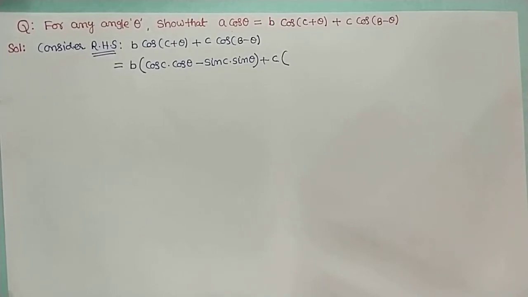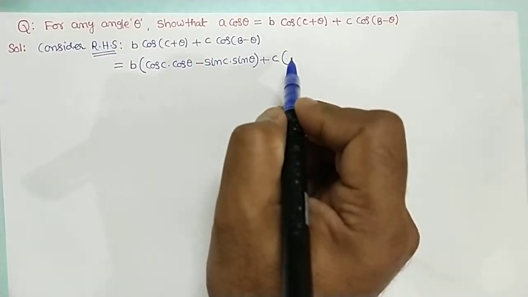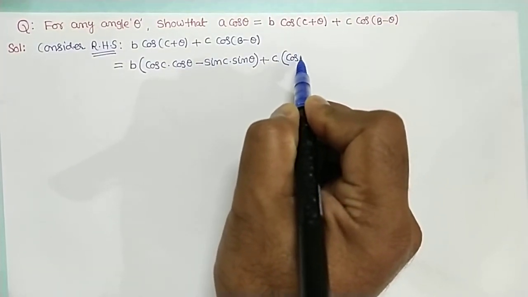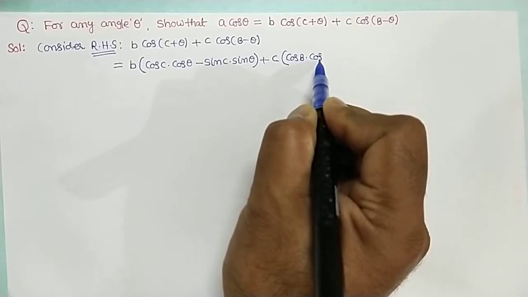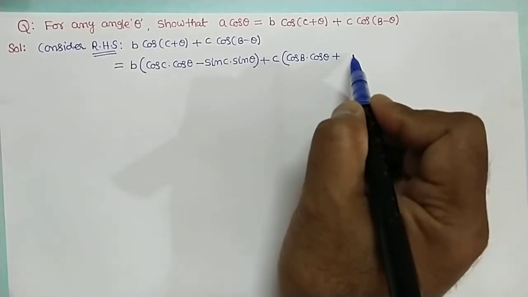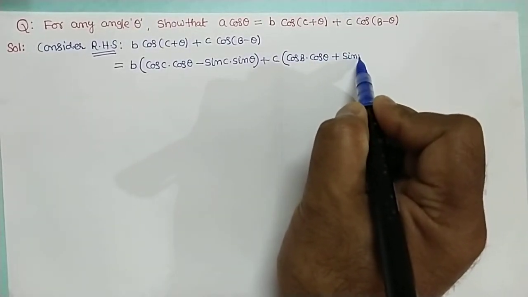Cos of (A minus B) is cos A cos B plus sin A sin B. So by using similar formula, cos B into cos theta plus sin B into sin theta.